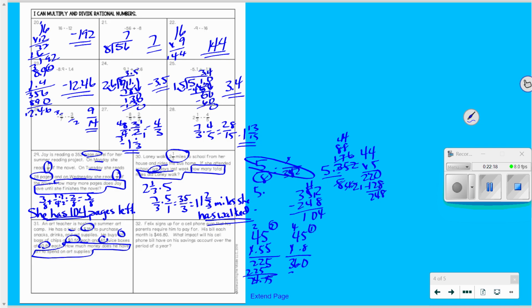So add those two together, gives me $60.75. I've got $180. So I need you to do the 180 minus 60.75. That's going to borrow all the way across. Gives me $119 left, and 25 cents for art supplies.